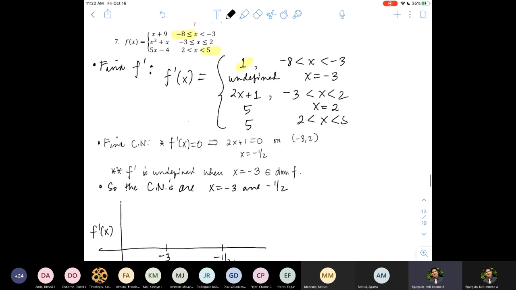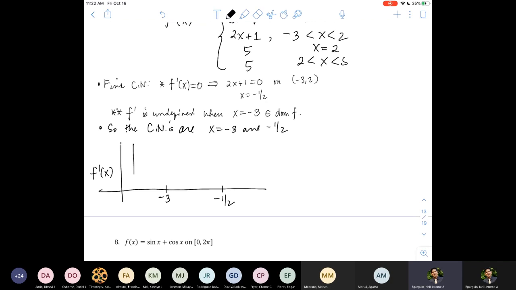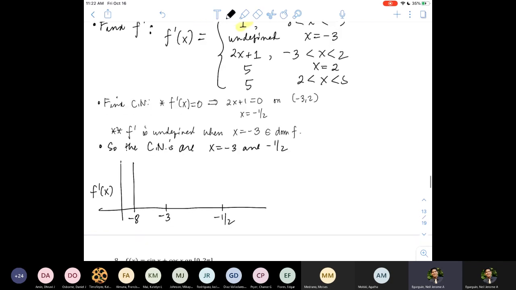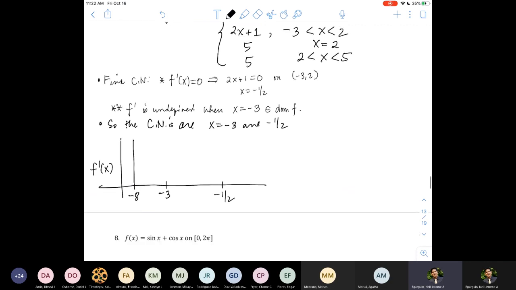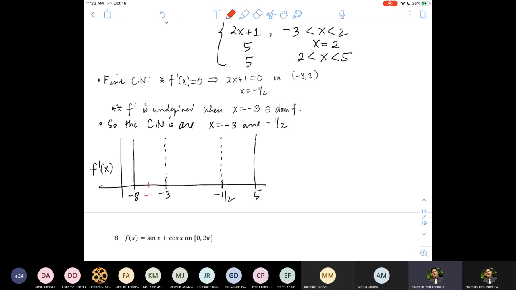But we also have an endpoint at -8, so let's include that for comparison with the function value. The right endpoint is 5, just to remind us that our domain is only on these intervals. Then I'll choose a test number on each of these subintervals. Here I'll use -4, here I'll use -2, and here I'll use 0.